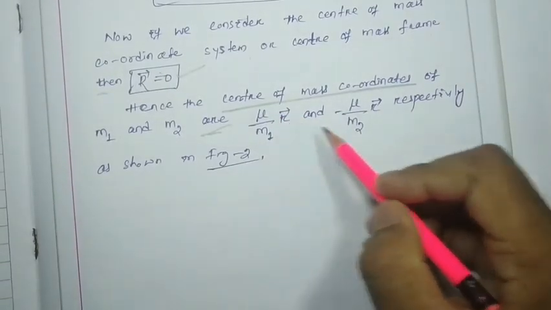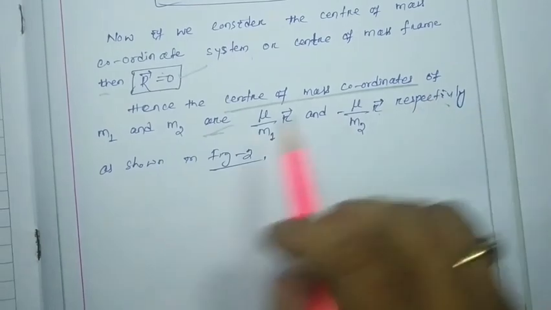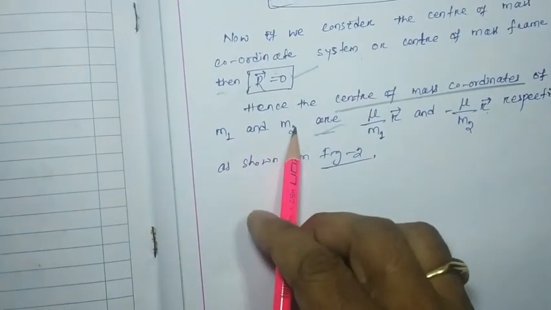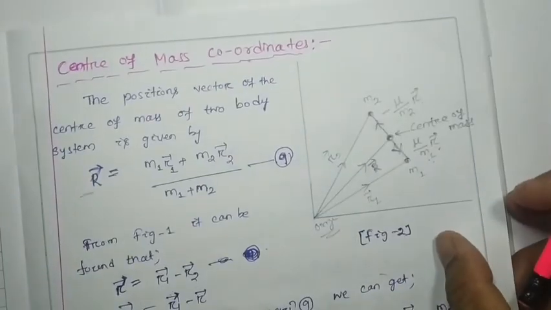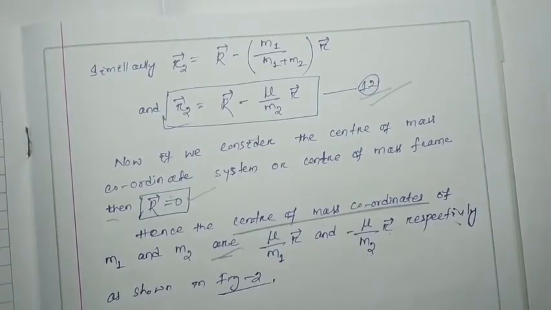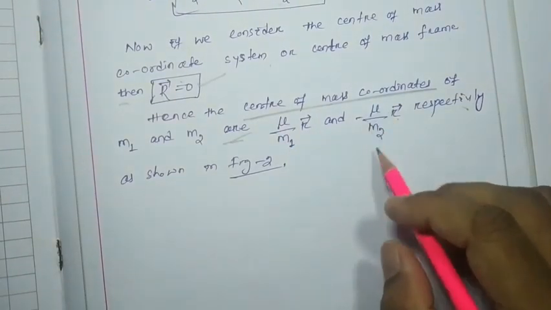So this will be mu by m1 r and minus mu by m2 r respectively for masses m1 and m2, as shown in figure 2.